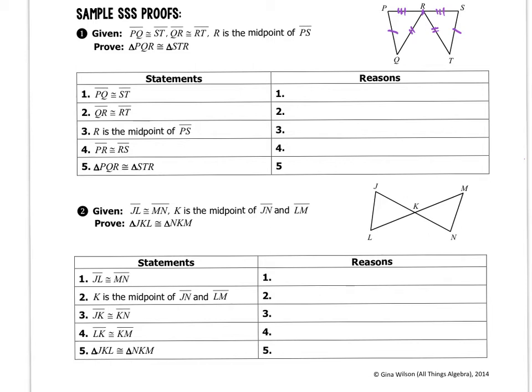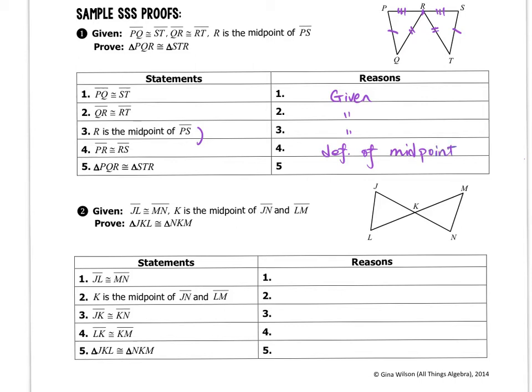So remember, in any kind of 2-column proof, we always have to write down what's given first, right? So the first 3 pieces of information are given, and then we draw the conclusion PR is congruent to RS by definition of midpoint.